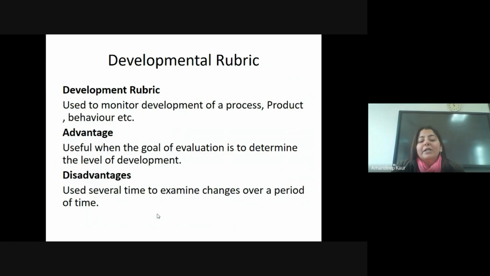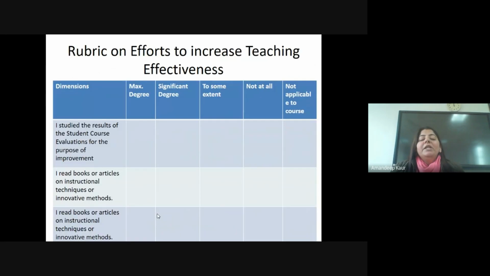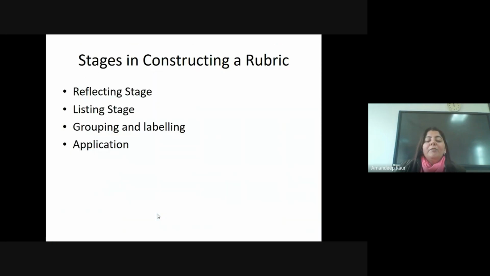It can be used several times to see the changes over a period of time. So the rubric 2 on efforts to increase teaching effectiveness is an example of a developmental kind of rubric, where we want our students to develop. We want our faculty to develop gradually so that they can advance students in that manner. That needs to be thought upon by the departmental faculty.